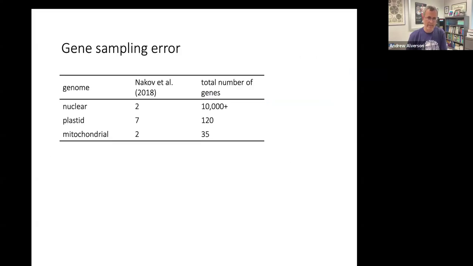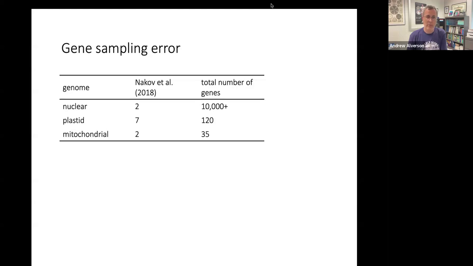So the next slide. If we look at this first column here, the Nakov et al. column, he analyzed 11 genes. And diatoms have three genomes: a nuclear genome, a genome in the chloroplast, and a mitochondrial genome. So Teo's paper had two genes from the nuclear genome, 7 from the plastid genome, and 2 from the mitochondrial genome. The nuclear genes are both ribosomal RNA genes, so those are kind of the same gene.